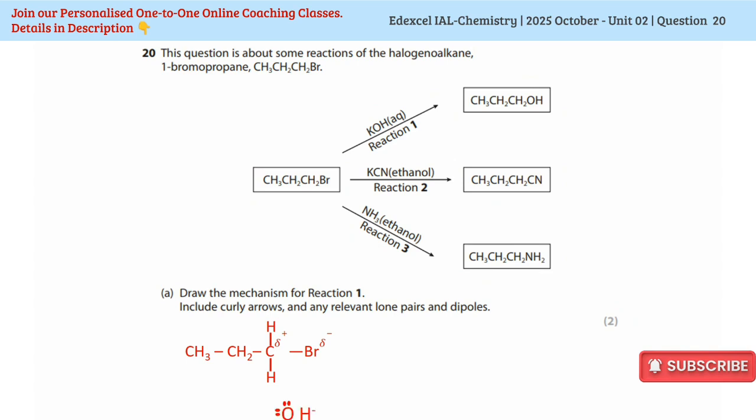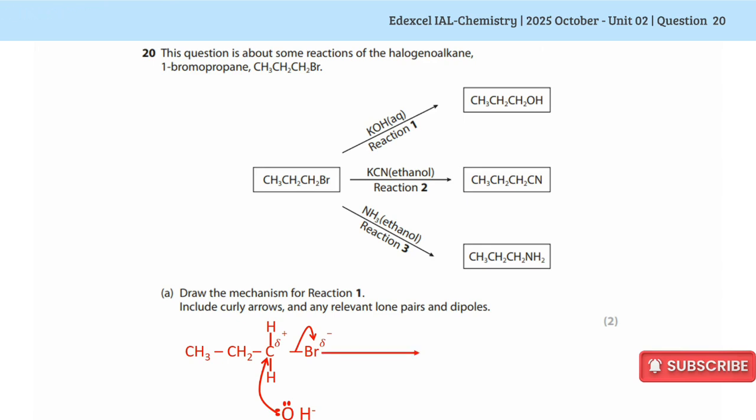So because of this electron shortage, lone pairs on OH minus is attacking, OH minus from KOH is attacking on this carbon at the opposite side of Br, and as a result, the carbon-bromine bond is breaking. There can be an intermediate stage where carbon is partially bonded with OH and bromine, but you don't have to show that in this mechanism, and straight away you can draw the product.